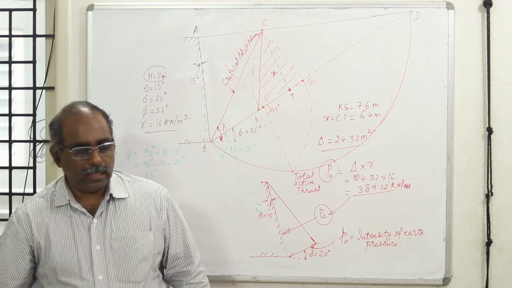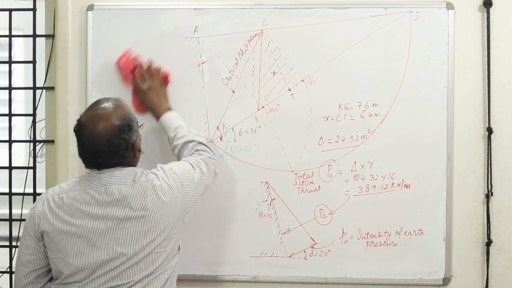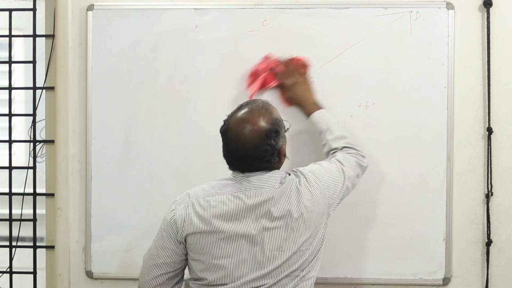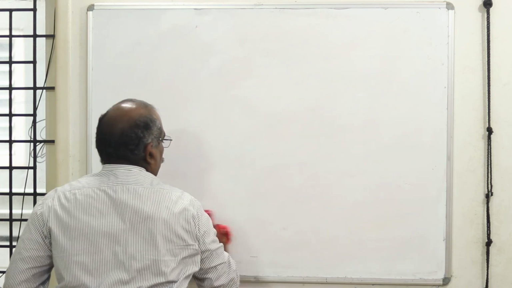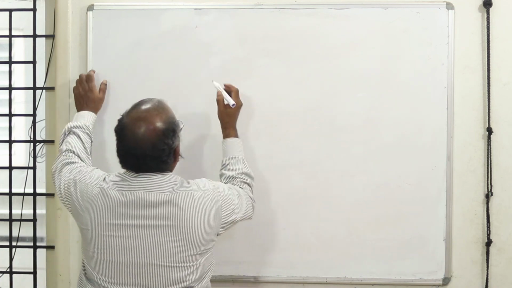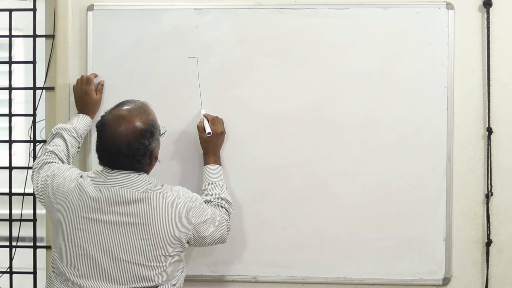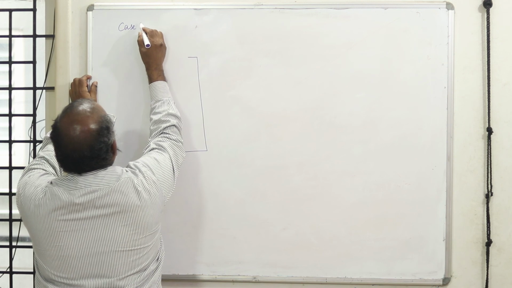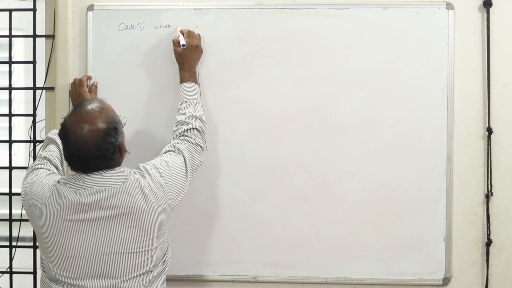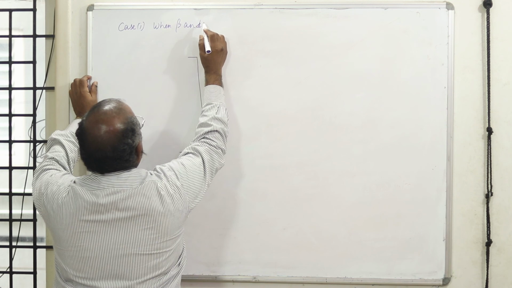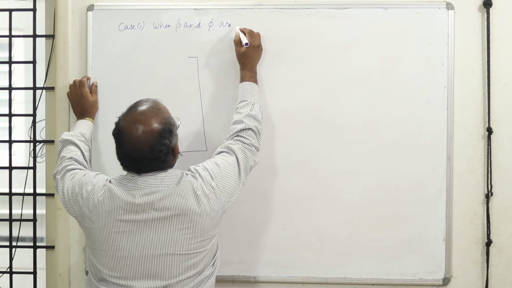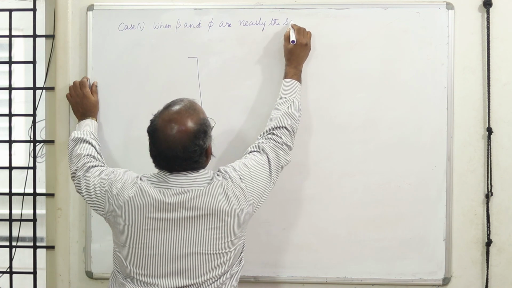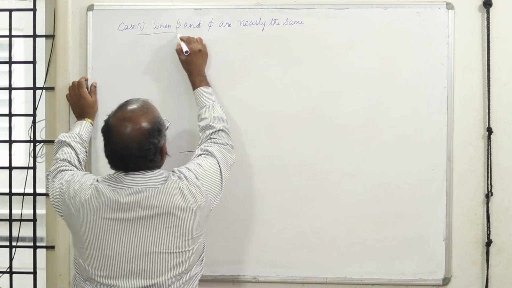There are two more cases. Let us go to the two more cases in the reverse graphical method. One, the retaining wall is something like this. Case 1, beta and phi are nearly the same, but they are not equal, but almost the same.